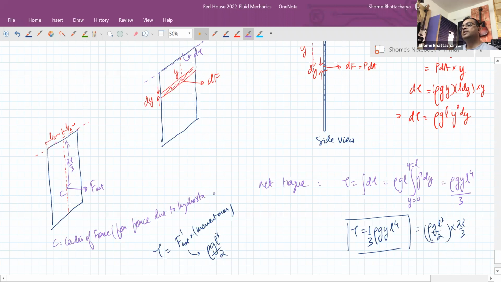And you can understand why the depth is more than L by 2, because the pressure increases as you go down. So the force is more concentrated on the lower part of the wall compared to the upper part. So it is like the effective point through which that force acts.